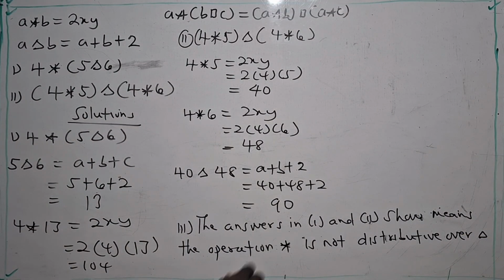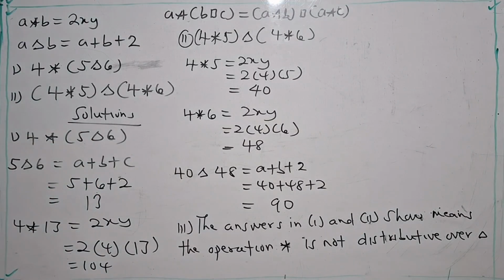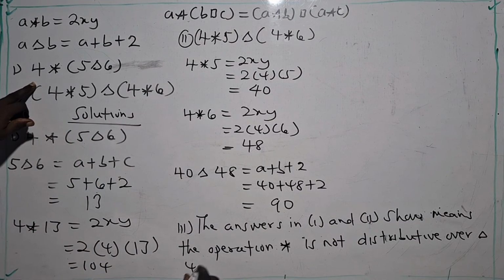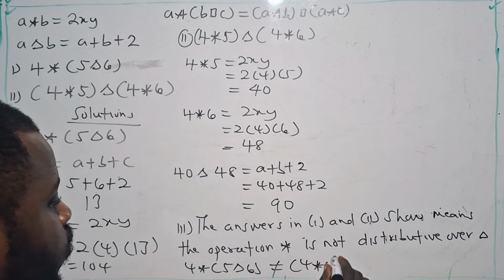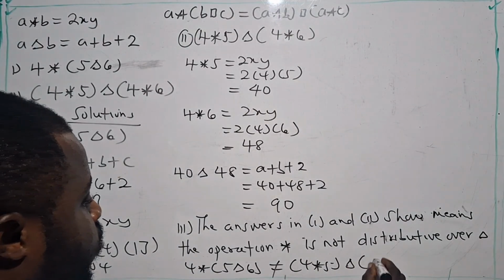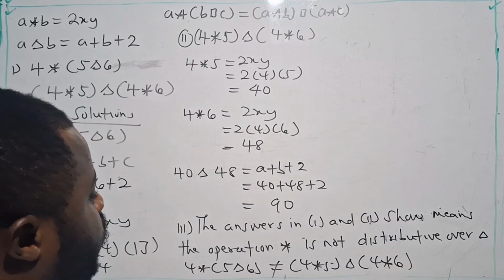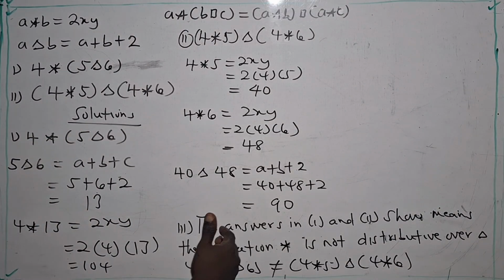As simple as that. Or you can also say that 4 operation, bracket, 5 operation 6, is not equal to 4 operation 5, operation, 4 operation 6. So you can conclude by saying this one too.